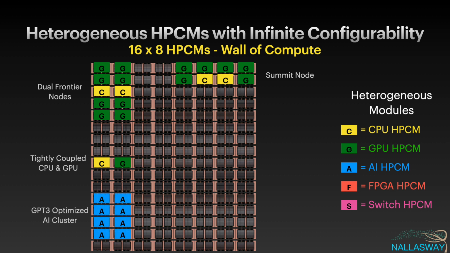Or maybe you would like to build a GPT-3 optimized AI cluster where you've just got a bunch load of AI inference chips ganged together to perform really high performance GPT-3 implementations, ChatGPT, etc. Or maybe you just want to do a disaggregated FPGA pool.